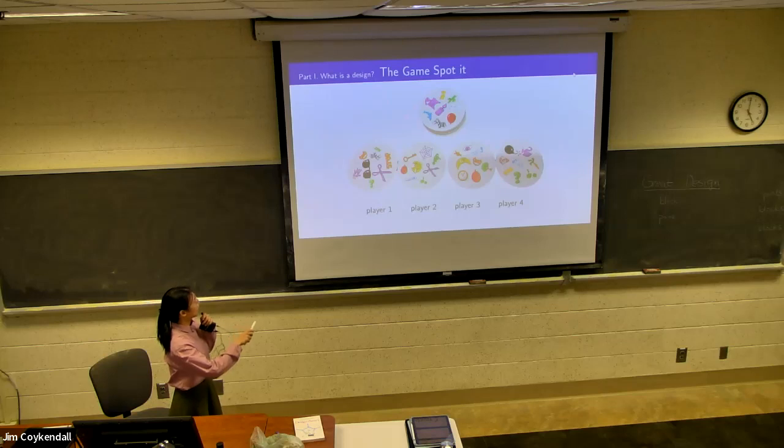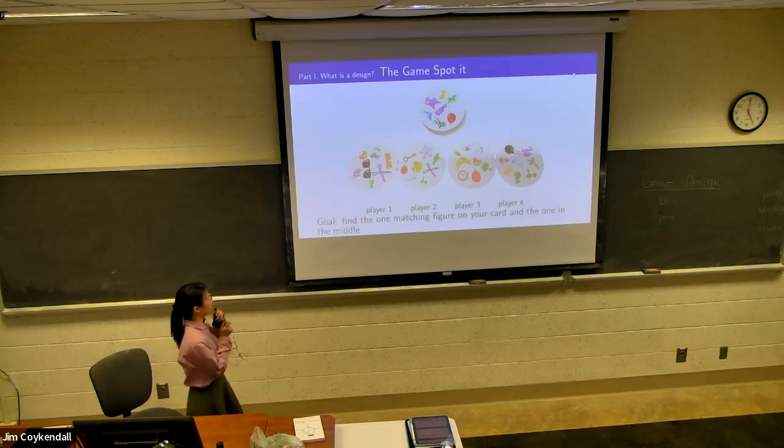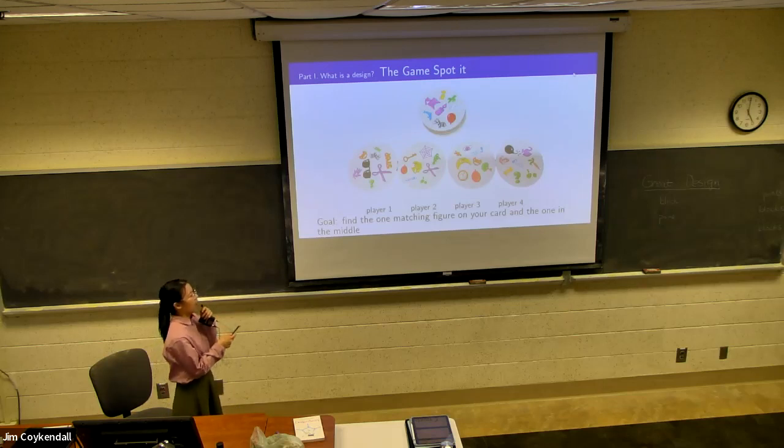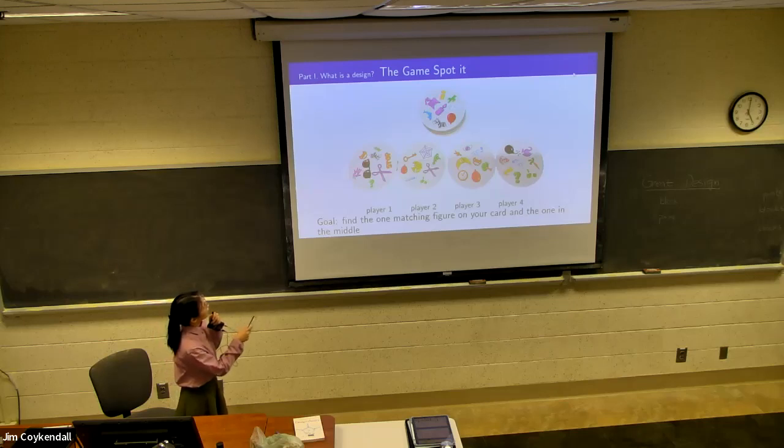Once it turns over, every player has to figure out the matching figure between your card and the one in the middle. So for example, if you are pair 1, you will check whether you have any figure in common with the middle one. Can you find the symbol? It should be the zebra.